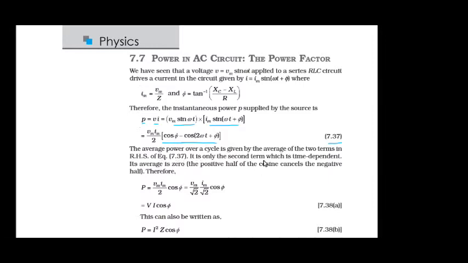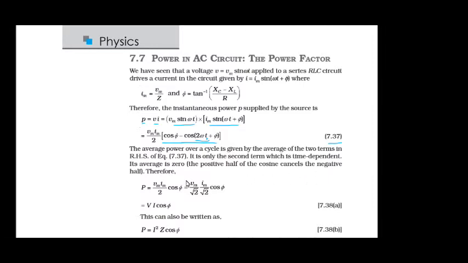It is only the second term which is time dependent. Why? Because the second term contains 2 omega t, so time t is there. Its average is 0. The positive half of cosine cancels the negative half.